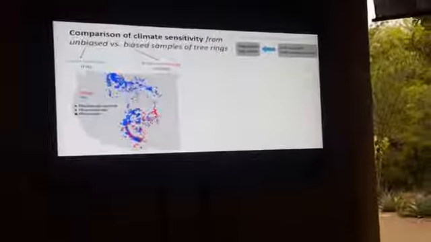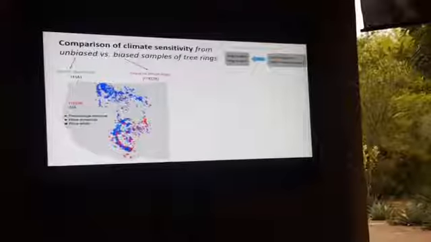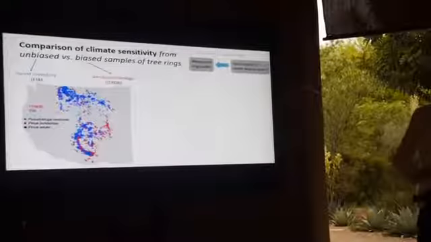And then what we did is we created a statistical model that predicts detrended ring width as a function of cool season precipitation and warm season maximum temperatures in the previous fall and then the early part of the current year growing season.